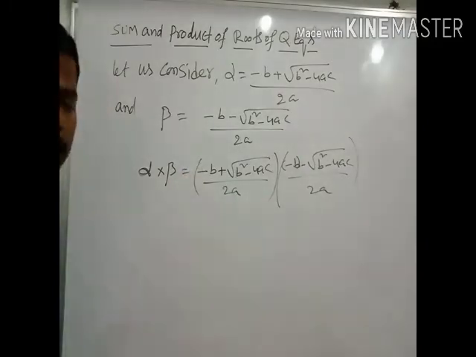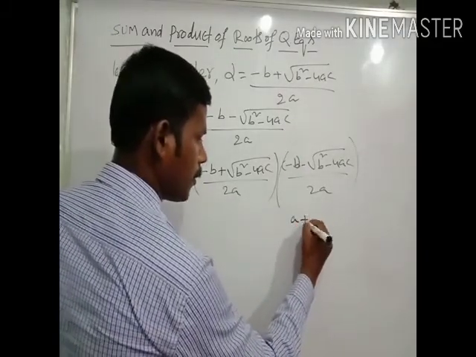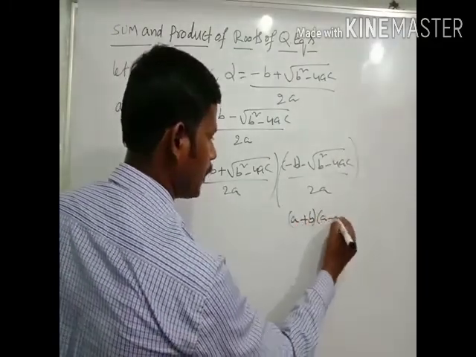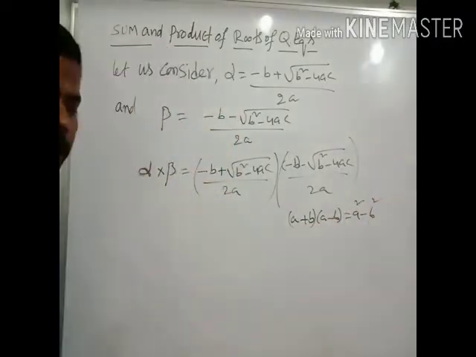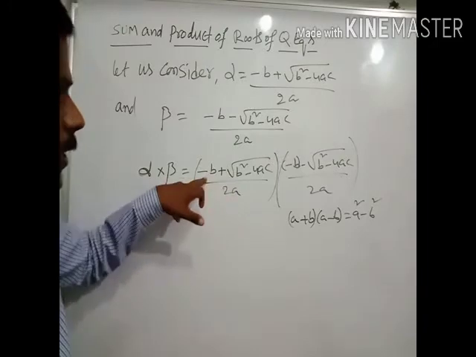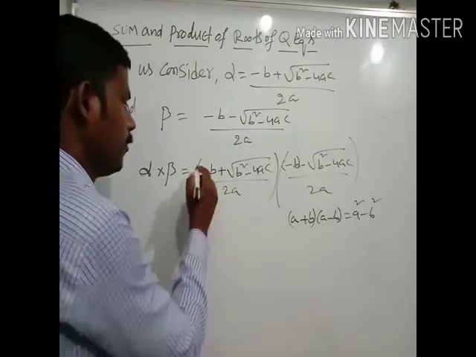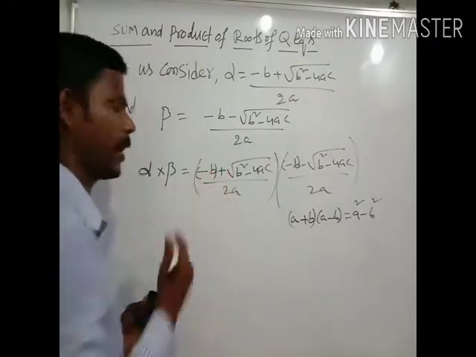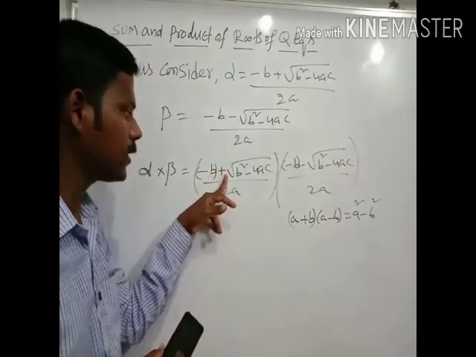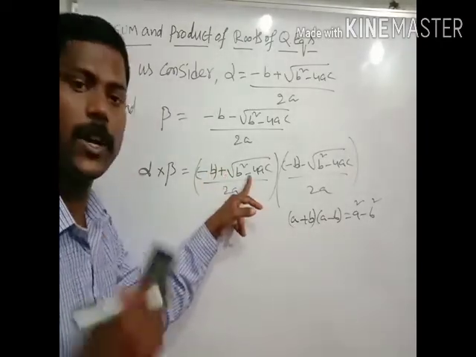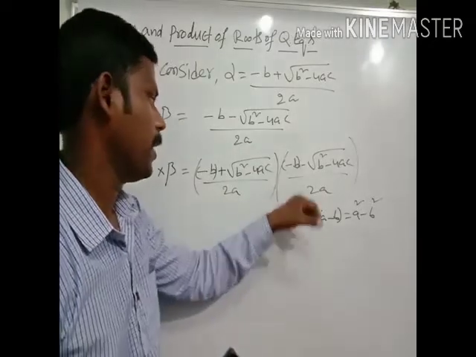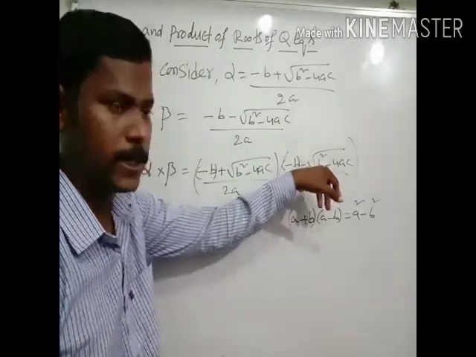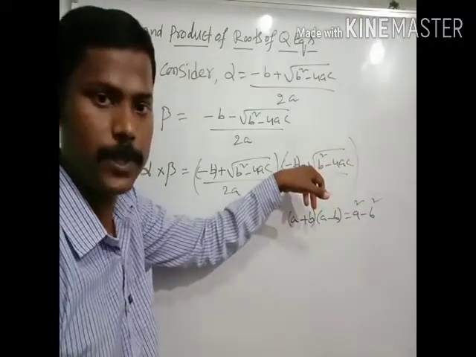Now we have one identity formula. Remember, a plus b into a minus b. What is the formula? A square minus b square. In the place of a, what is there? Minus b. For your understanding, I will put it in brackets. Minus b plus square root of b square minus 4ac into, again, a minus b. A means what children?